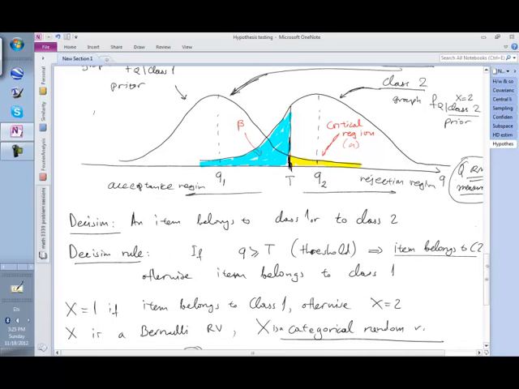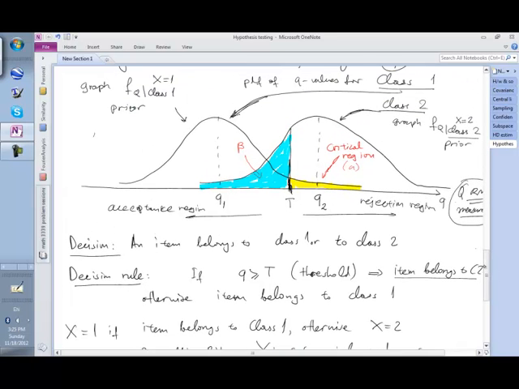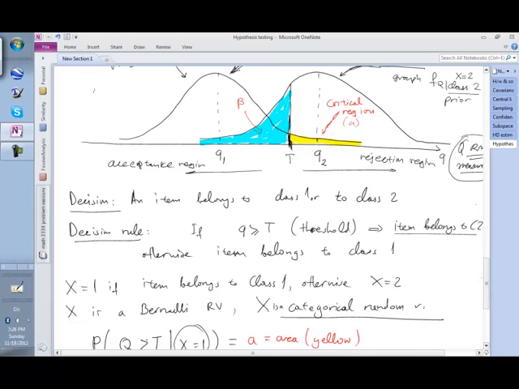So if we do an example and we say that if the value of Q is less than a certain threshold T, we consider that the patient, let's suppose that a patient has a condition which is now identified as class 1, then if you classify them as class 2, you have a false negative, because the patient doesn't have the sought condition, which is class 1.